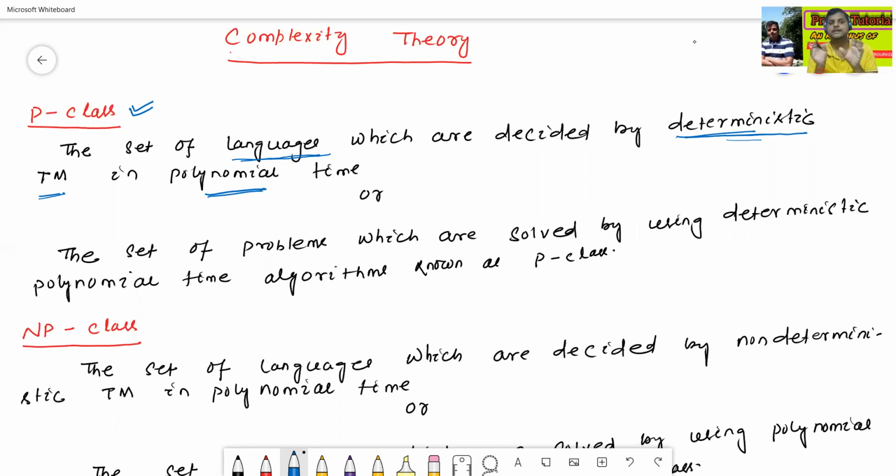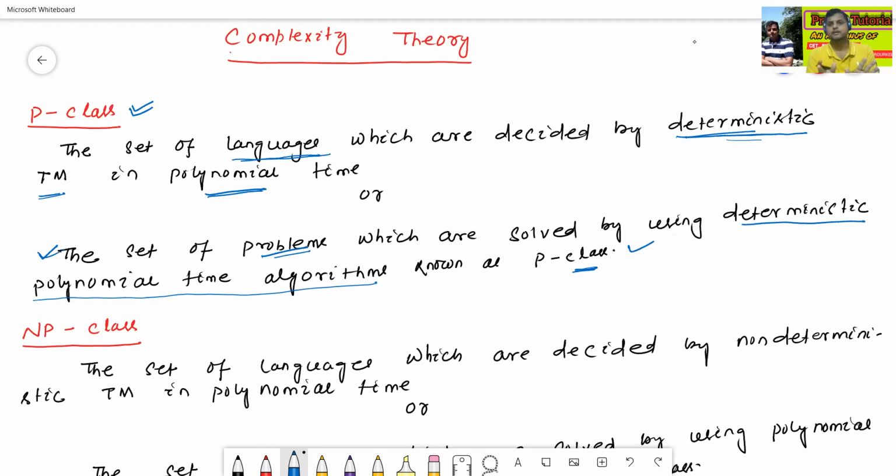These languages are called P class. Or, another definition: the set of problems which are solved by using deterministic polynomial time algorithms is known as P class.